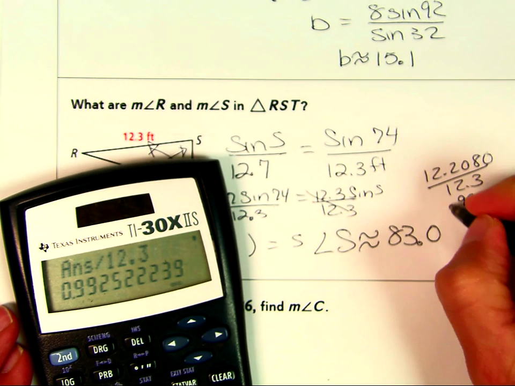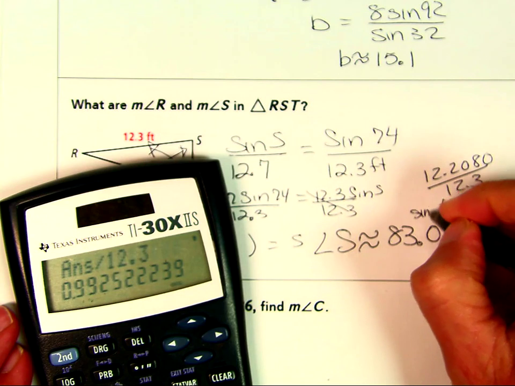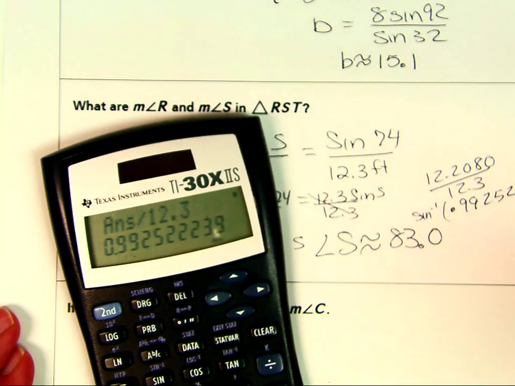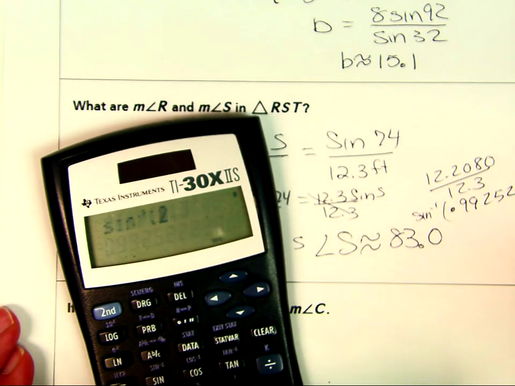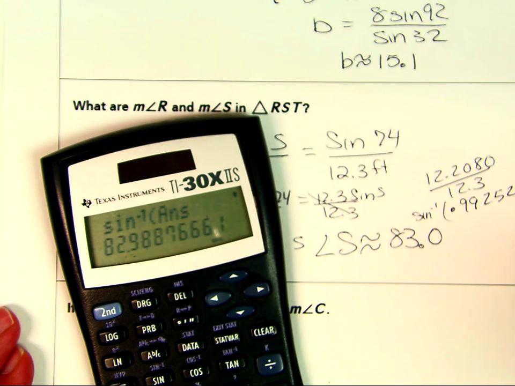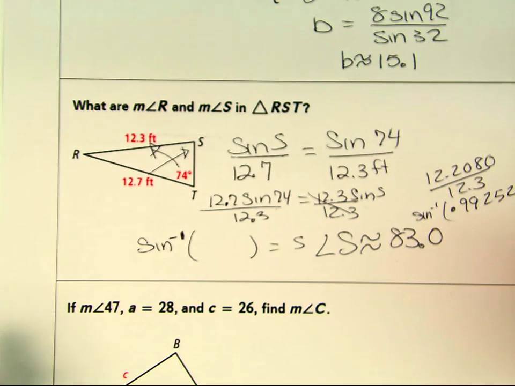And then we have to take the sine inverse of that. So the easy way to do that on this calculator is to do sine inverse and then the second answer button, which gives you the answer you just got to the previous problem. Plug that in, and we got 82.98. So we got the same thing. So you can do it separately if you don't like to do it all at once, if you're worried about the parentheses.